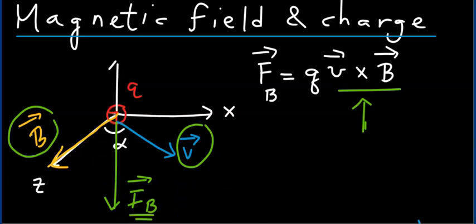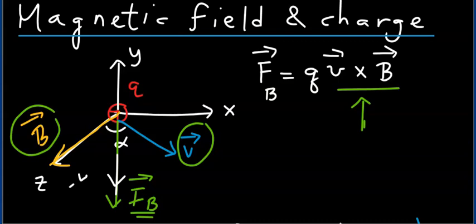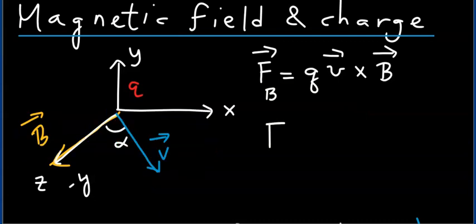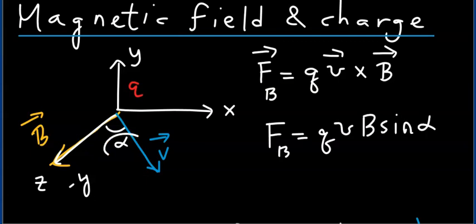So if this axis is the positive y-axis, then that axis has to be the minus y-axis, which is the direction of this magnetic force in this example. And we know the magnitude of this magnetic force is quite simply QvB sine alpha, where alpha is the angle between the magnetic field and the velocity vector.